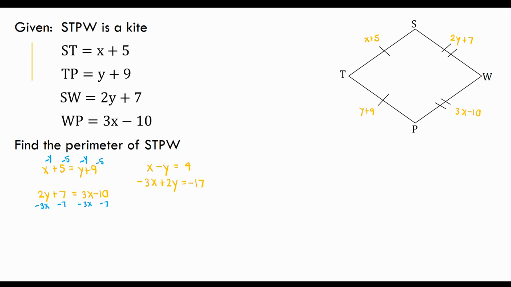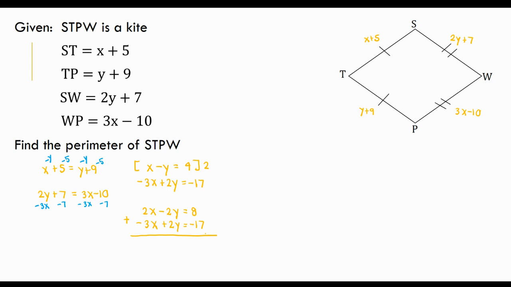So either way, we could eliminate either one of those variables. I think I'm going to eliminate the y's. That means I'm going to multiply the top equation by positive 2. That gives me 2x minus 2y equals 8 on the top, and negative 3x plus 2y still equals negative 17 on the bottom.